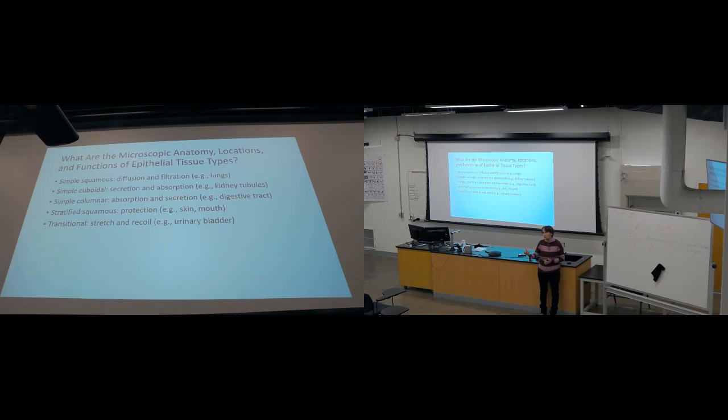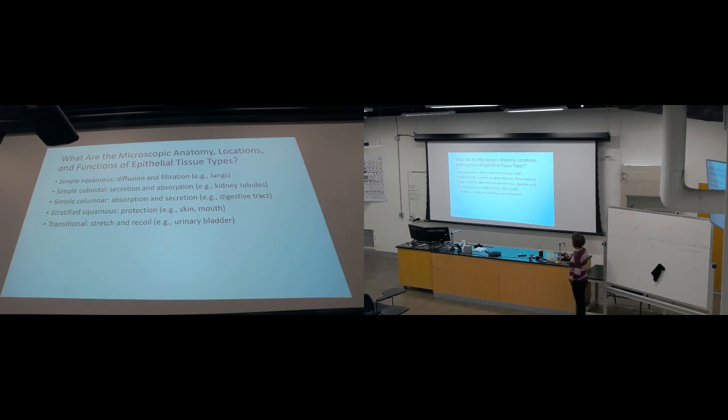And since you want to absorb, you also want certain space to absorb, and more or less you don't want to absorb really rapidly, but more rapidly than having columnar. So that's why we have simple cuboidal in the kidney tubules, because that's where we get rid of items and then absorb items that we require. It's like the filter of our body.